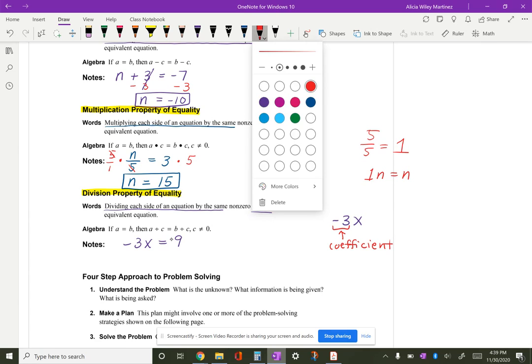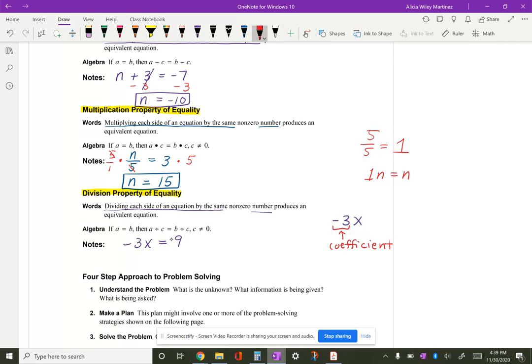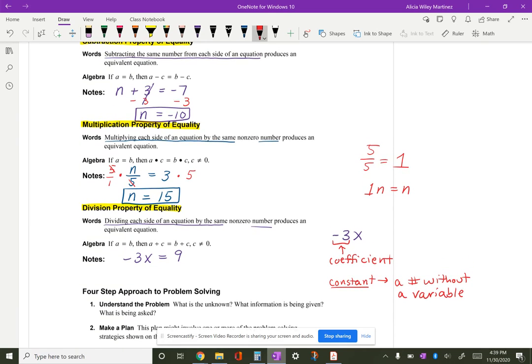Okay, so we have a coefficient, which is a number in front of a variable, and we have a constant, and a constant is a number without a variable. So a constant would be something like 3. So if I go back to this top example, a constant would be something like 3.